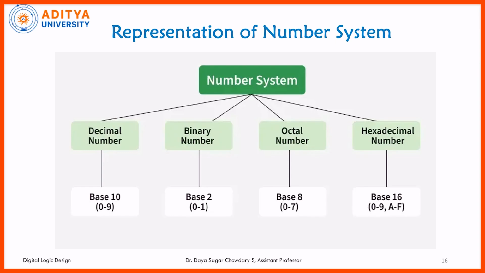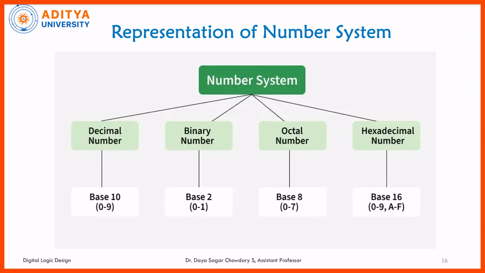Coming to the octal number system, this contains 0 to 7, so totally 8 digits. Coming to the hexadecimal number system, hexa is nothing but 6 and deci is nothing but 10, so totally 16.